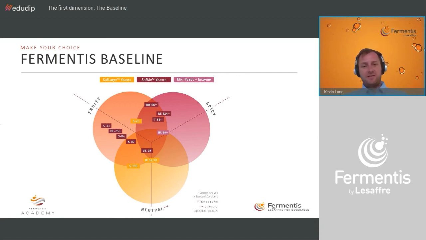So here you see 3 axes. You see fruity, you see spicy, and you see neutral. Down at the lower right corner, the neutral with the 3 asterisks represents raw material expression facilitated. So the yeast isn't changing the flavor of the raw materials. It's really just fermenting and not imparting a very big flavor if it falls along that neutral axis.